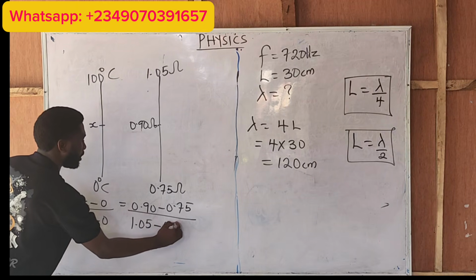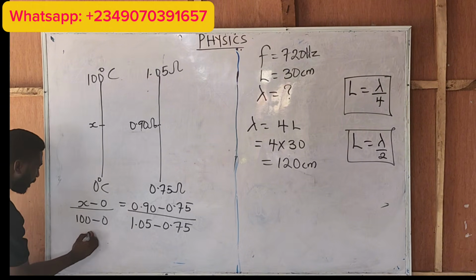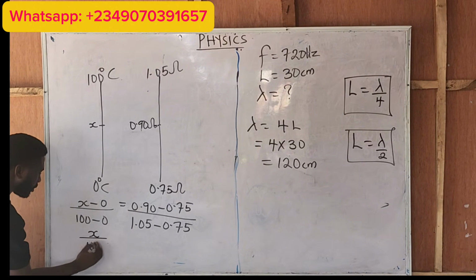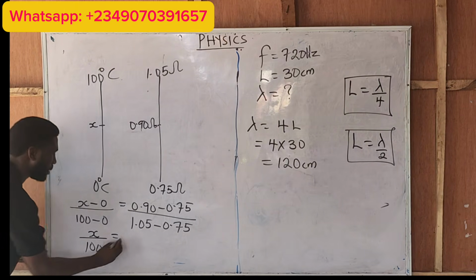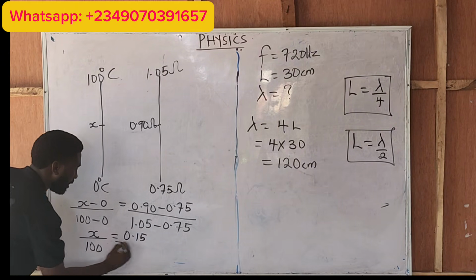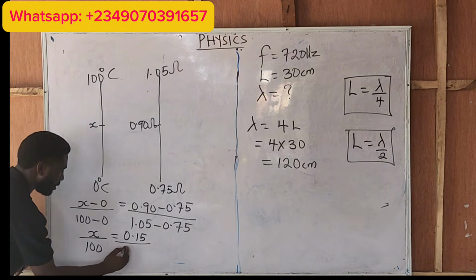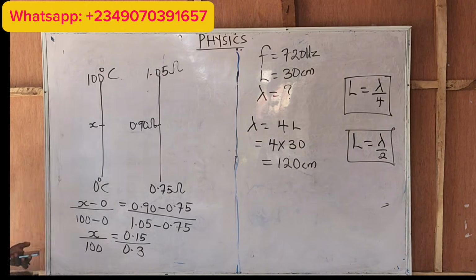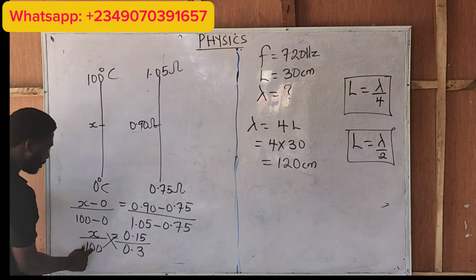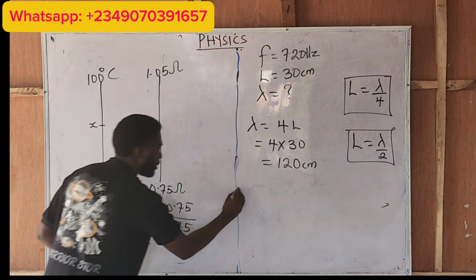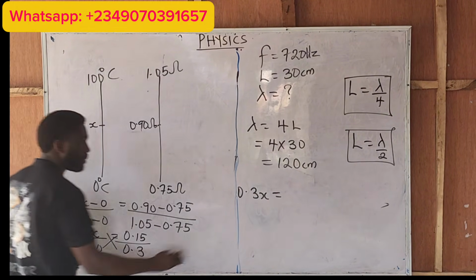So this will give us x over 100 equals 0.90 minus 0.75, that will give us 0.15, over 1.05 minus 0.75, here will give us 0.3. So if we cross multiply, we are going to have x times 0.3, which is 0.3x, equals 100 times 0.15.